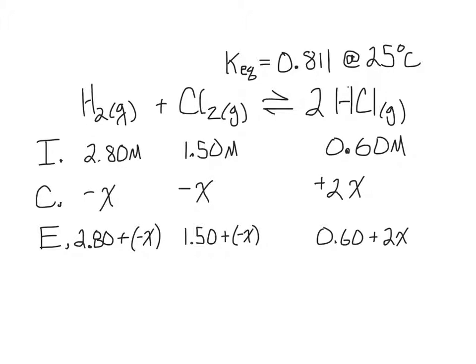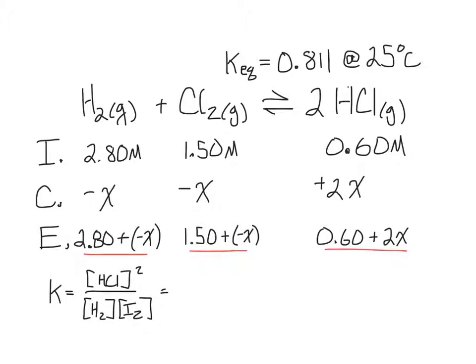So first let's write the law of mass action, the concentration of products over reactants for this reaction. Next, we'll use the expressions we've written for the concentration of the products and the reactants at equilibrium in our table above, and we'll fill in the law of mass action below with those expressions.